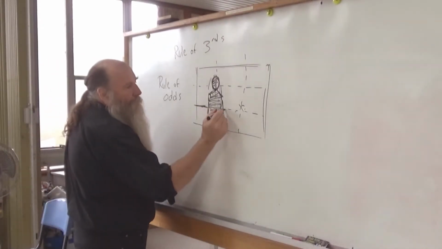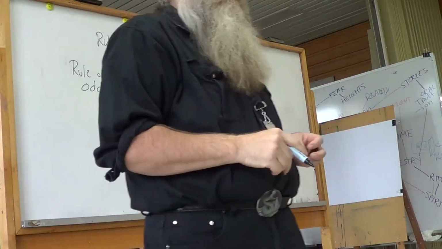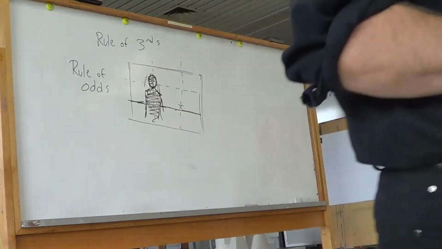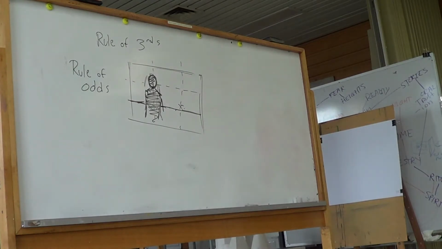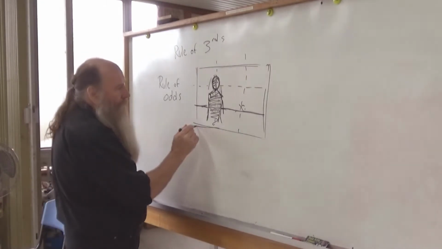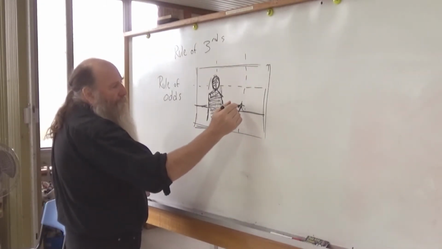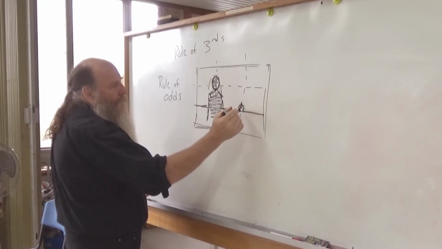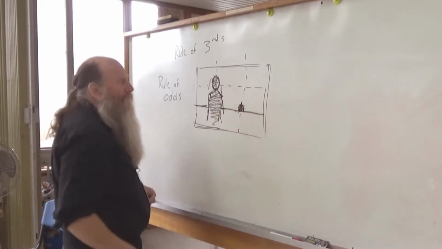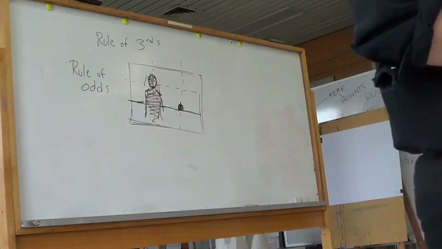The landscape is here. So the horizon line is on one of those rule of thirds. Background here, there's a little house, which is again on one of those rule of thirds.